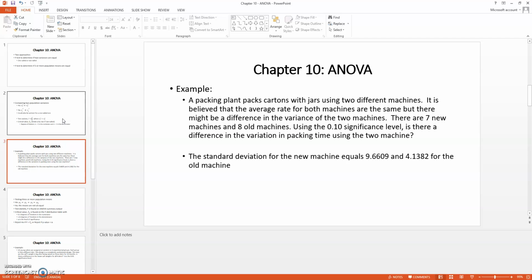So even though on average they're the same, one machine could have a bigger variance, and then you're not going to get precise measurements. There are 7 new machines and 8 old machines. Using a 10% level of significance, is there a difference in the variation in packing time using the two machines? So this is a two-tailed test. It gives us the standard deviation for the new machine and for the old machine.